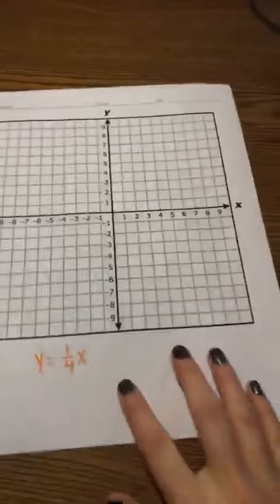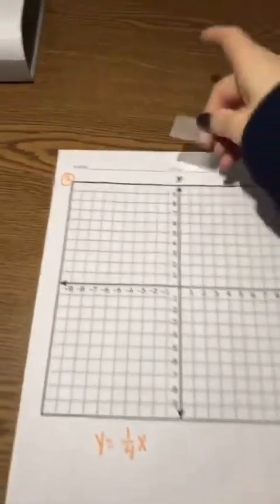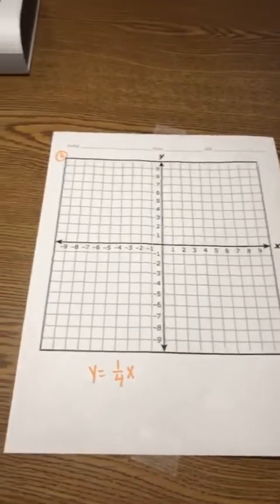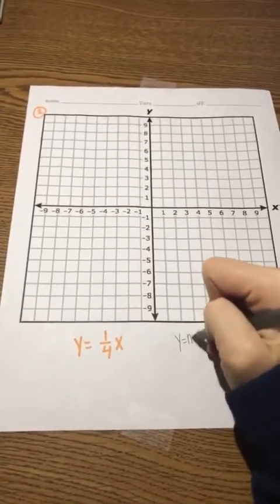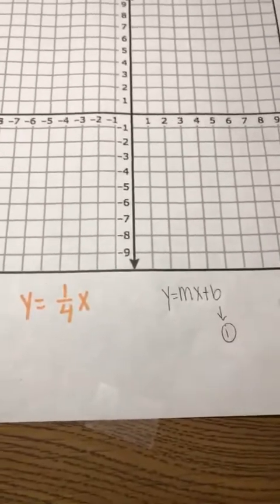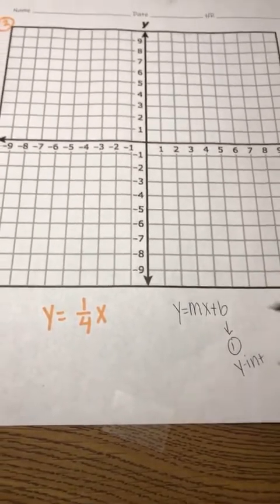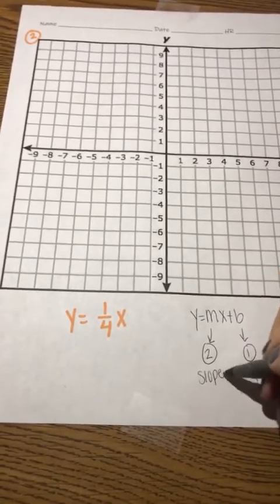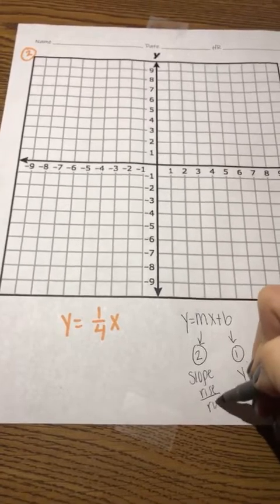Example 2. Let me put some tape down here. We're still going to do y equals mx plus b. This is still going to be our first step, which is the y-intercept. This is still going to be our second step, which is our slope, rise over run.